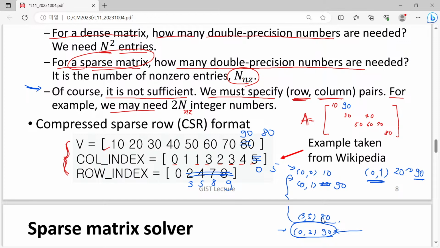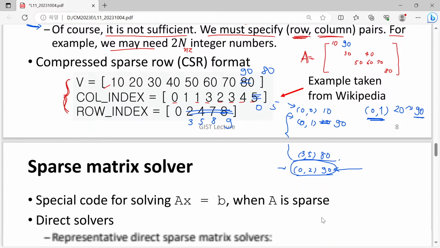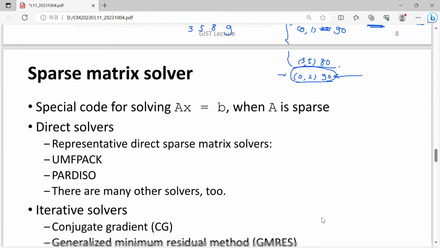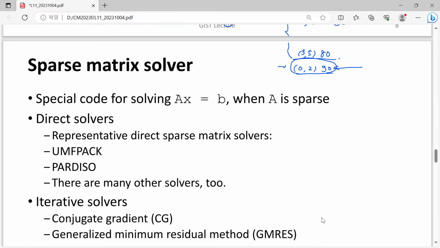So that is one. However, don't worry, we are living in the modern age, so this kind of complicated job has been done by our ancestors. So now we can just use predefined data structures and algorithms.